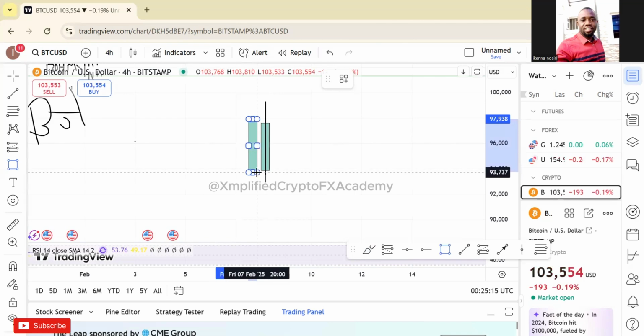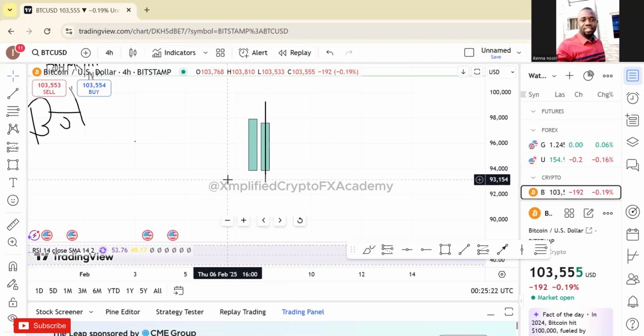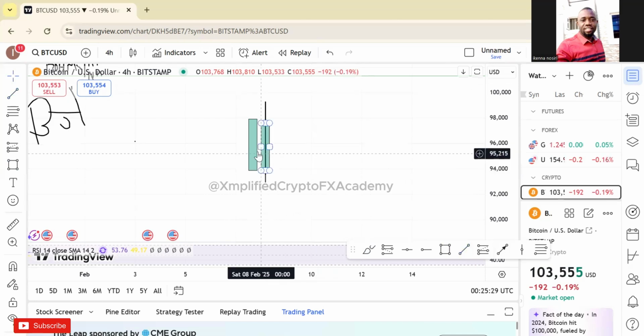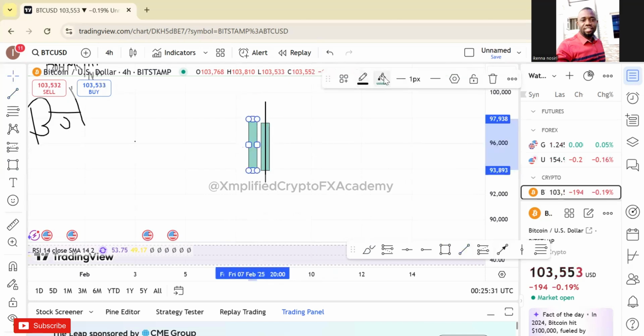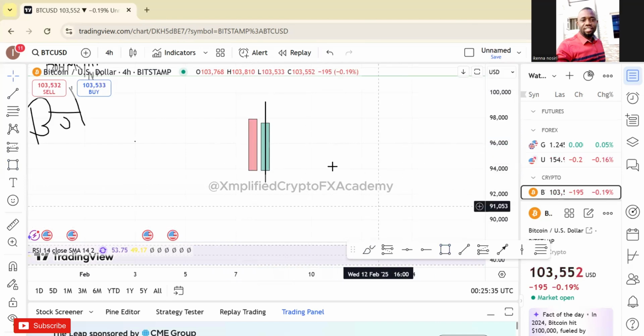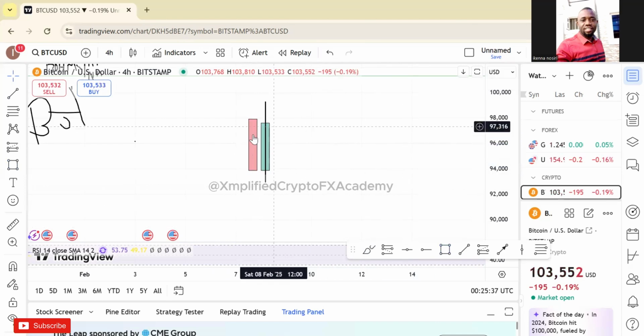I'm just making a drawing. But the wicks are almost the same. Let me make this one a red candle. This is a red candle, isn't it? Let me make it more red.